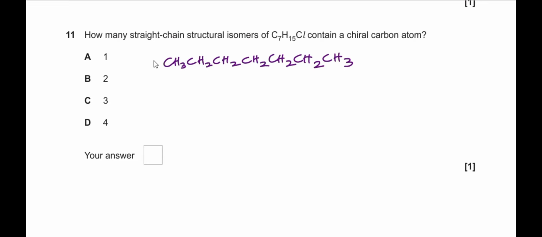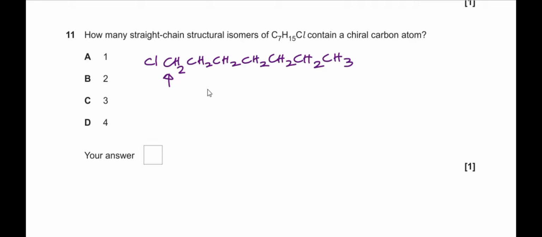Now let us try linking the chlorine atom to the first carbon atom and see what happens. So here it becomes CH2. Now this carbon atom cannot be a chiral carbon atom because it has got two hydrogen atoms linked with it, and similarly all other carbon atoms have got either two hydrogen atoms or three hydrogen atoms linked with them. Therefore none of them is a chiral group.